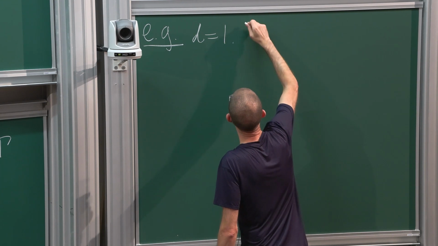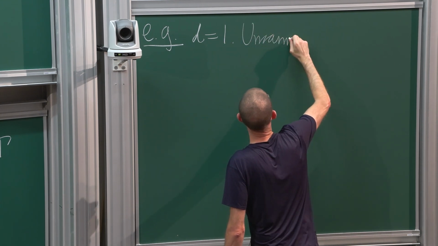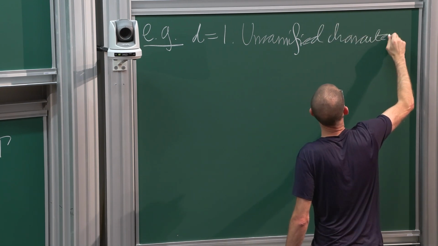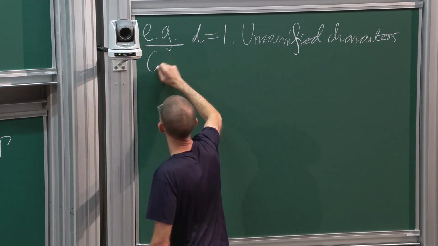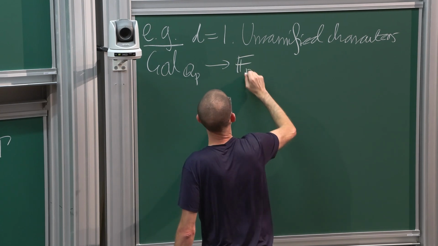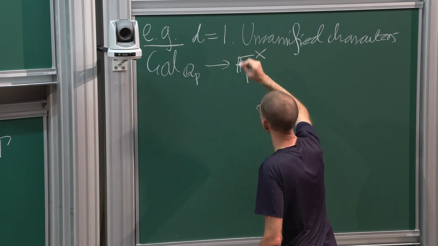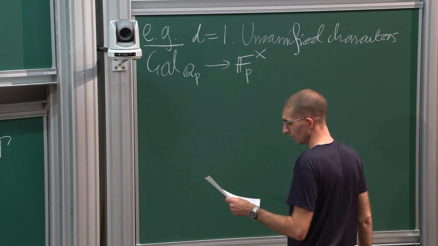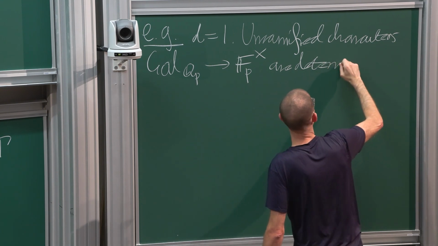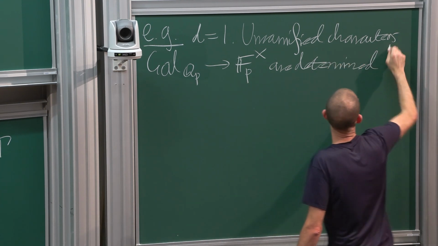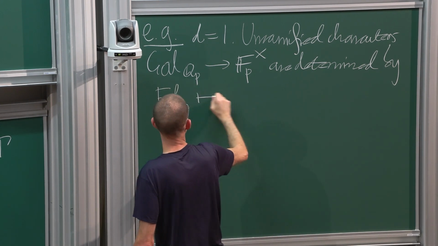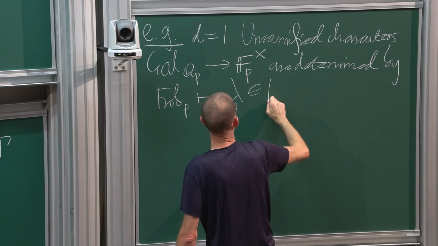So unramified characters, maybe just with Fp coefficients, from Gal Qp to Fp star, or Fp bar star maybe would be better, but let's just do Fp star. These just are given by choosing where you send Frobenius. So you send a Frobenius element to some lambda in Fp star.